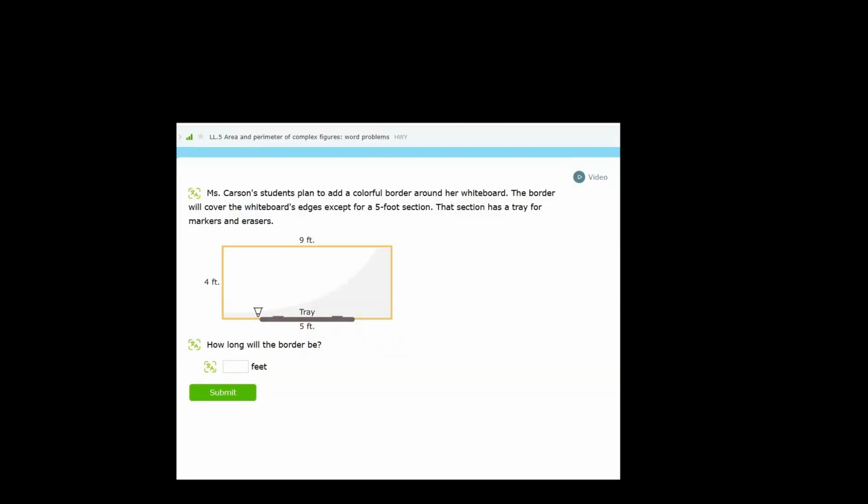So again, we're looking for the perimeter here. When they ask us for border, that signals to us it's a perimeter problem. So we're including everything in the blue except the 5 feet here, because that's where the whiteboard has a tray for markers and erasers.